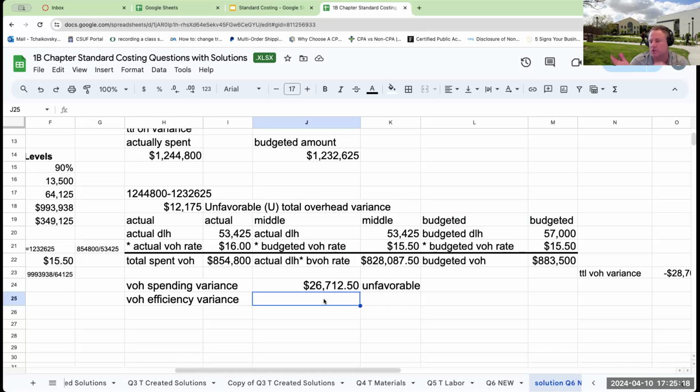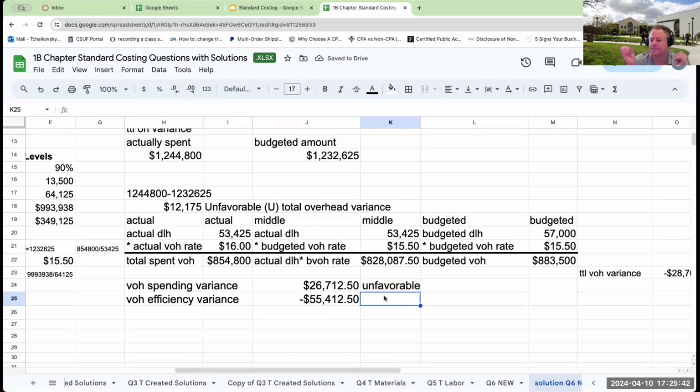You will need to make sure you study this and practice it to make sure you can do it. But I strongly recommend you set up the questions in this way. So my variable overhead efficiency variance is going to be my actual direct labor hours times the budgeted variable overhead rate, or a negative 55,412.50.